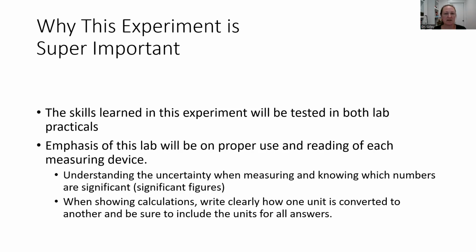Each one will have a different level of precision, which means you'll be recording it to different decimal places. Like in some cases, you might record to the tenths, right, or to the hundredths place. And so it's really important to know when and how to do that properly. And then also we will be practicing unit conversions through dimensional analysis in this experiment as well.